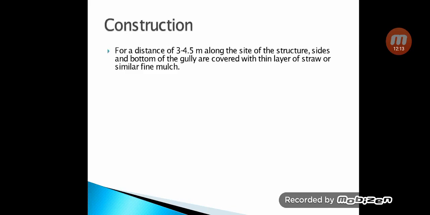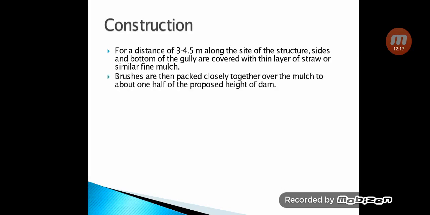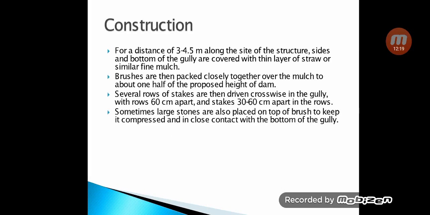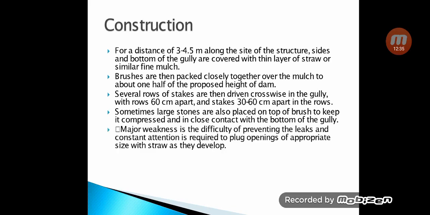So you see the construction. There are several rows of stakes, and the posts are the same. The rows are 60 centimeter apart, and the stakes are 30 to 60 centimeter apart.